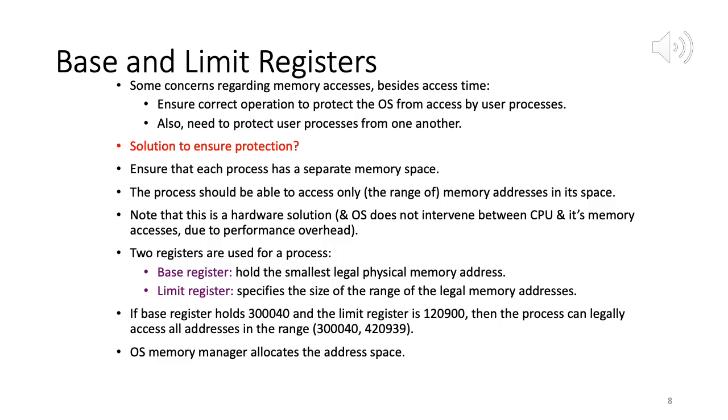Now I am on slide 8. In the previous slide, we saw that one issue is that memory accesses can take a significant amount of time. To be more precise, the memory access time is quite significant, and because of the high frequency of these memory accesses, overall system performance may not be very good.